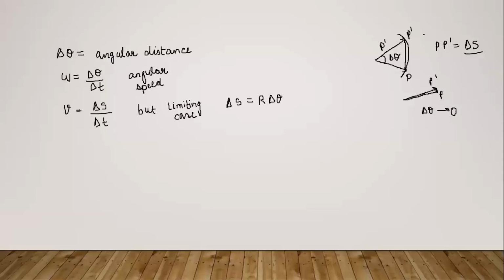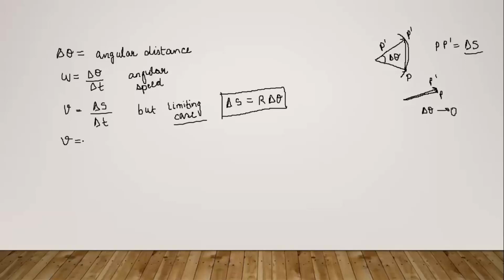That is, this arc length is equal to the radius of the circle into the angle that the arc is covering. This is a standard formula in mathematics. This is nothing new, but we are using it here only for this limiting case, because we are interested in the instantaneous acceleration. We are interested in the instantaneous angular speed. That's why.